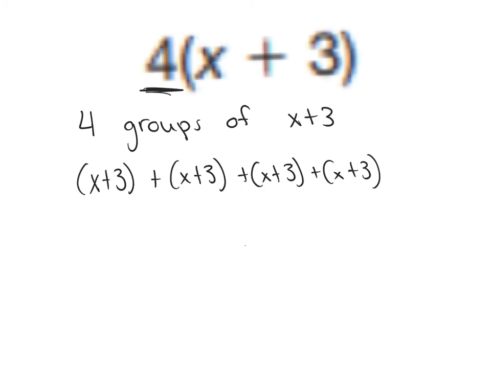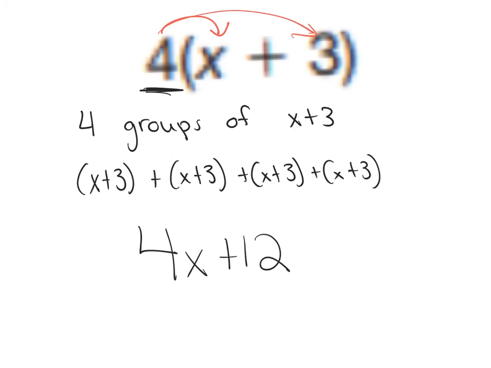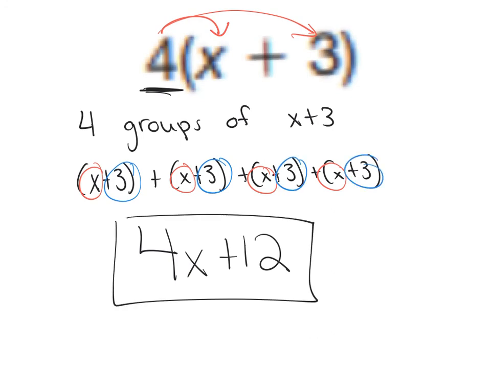But we can also think of this as multiplication, because when we are doing groups, that's multiplication. So we have 4 times x, which is 4x, and then we also have to multiply the 3 because it's also in the parentheses, plus 12. And let's check if that works. So here I have 1, 2, 3, 4 x's, and then I have 3, 6, 9, 12. So either way I work this problem, I get the same answer.